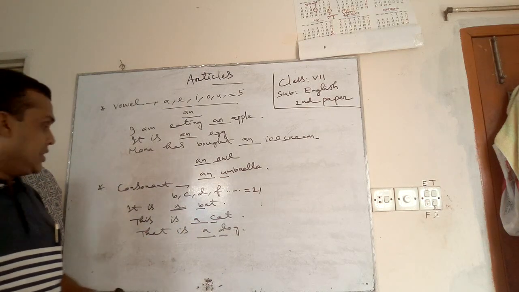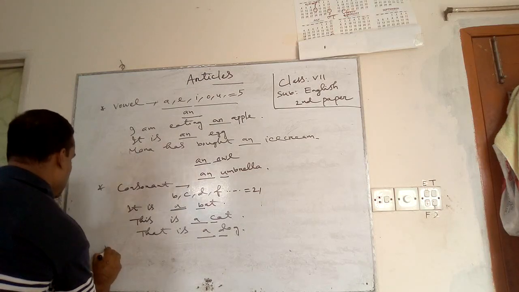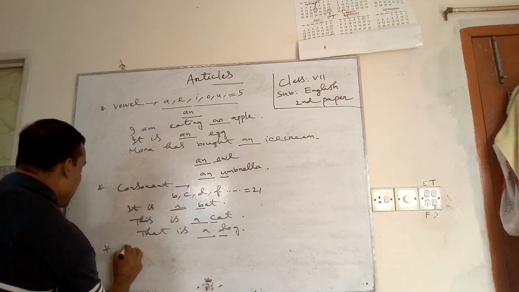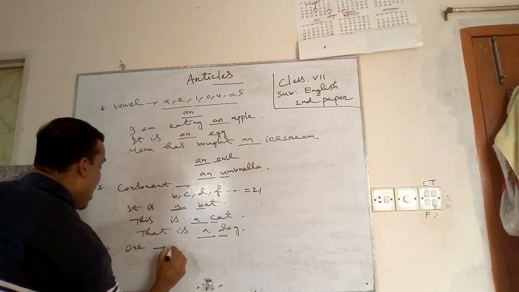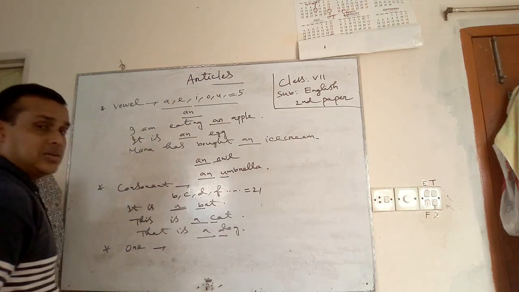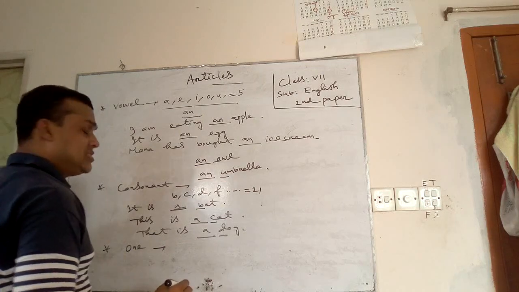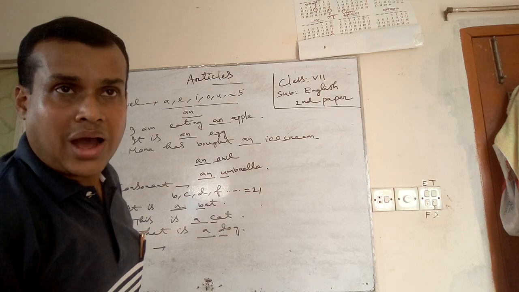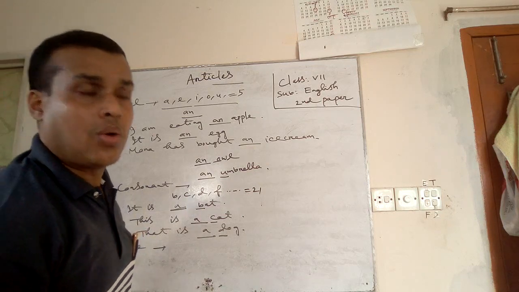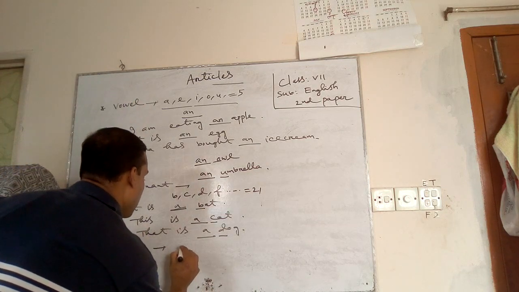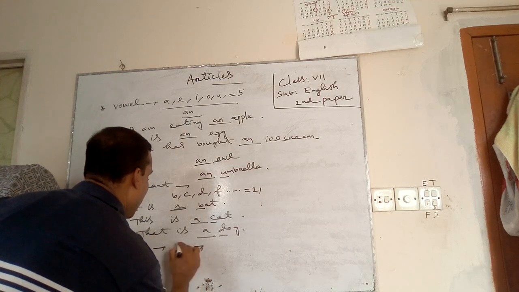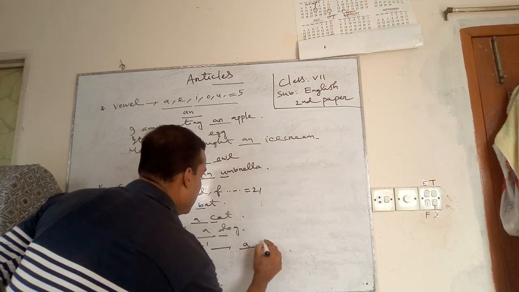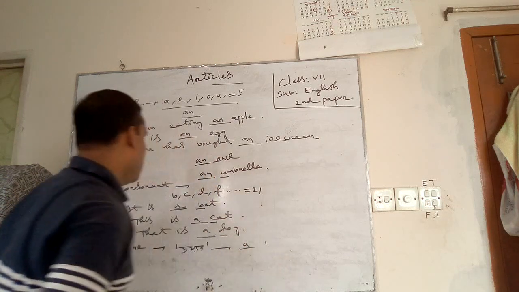Next rule. If a word has the pronunciation of one, that means wa, then you will use a.